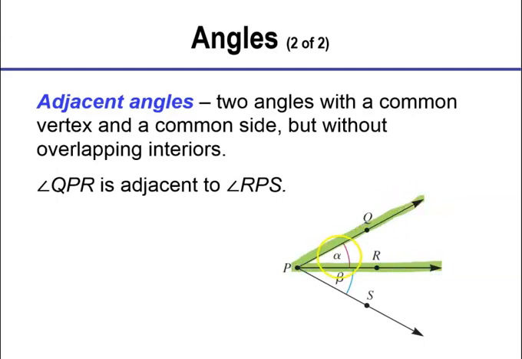It's also called angle alpha, you'll see. And it shares a side with angle RPS, also called angle beta. And those are called adjacent angles. So notice they share the same vertex. The vertex is P, but you're discussing 2 different angles that are adjacent.